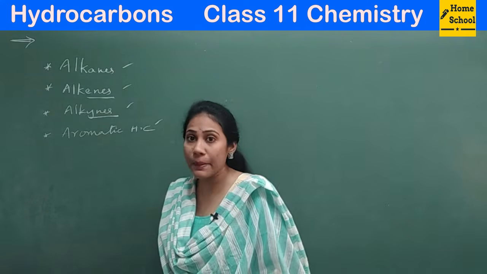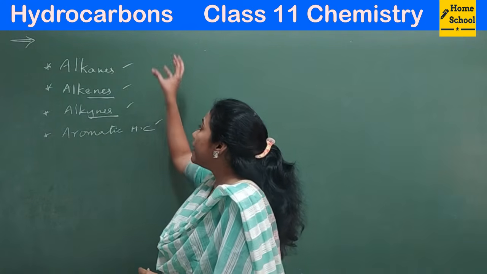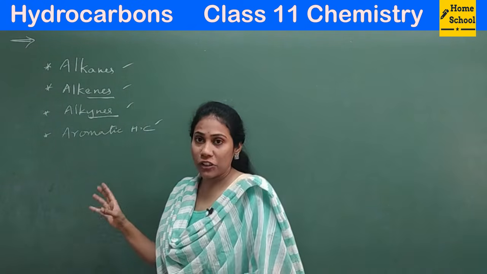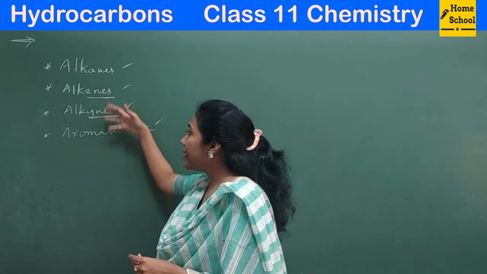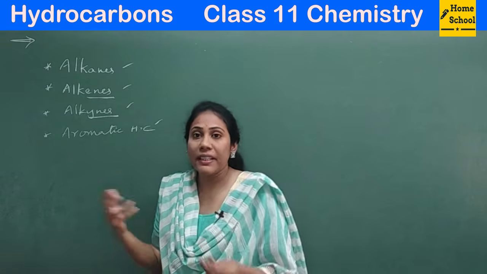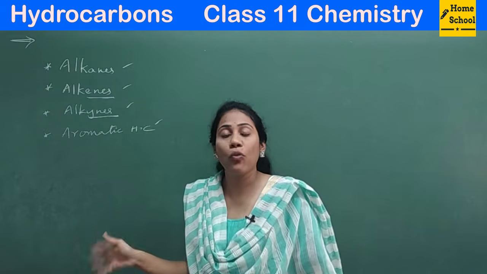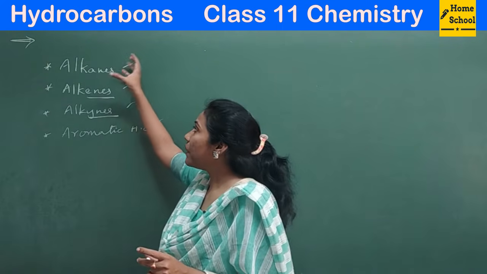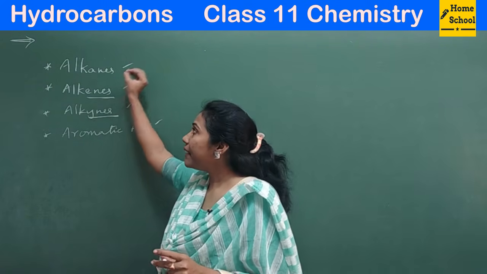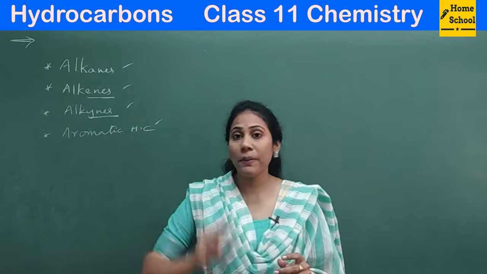So what do we study about them? We just study the basic introduction. We'll try to understand whether they can be reactive or not. If reactive, what way they react, all of them. And then we will study their nomenclature, and then certain aspects of isomerism.